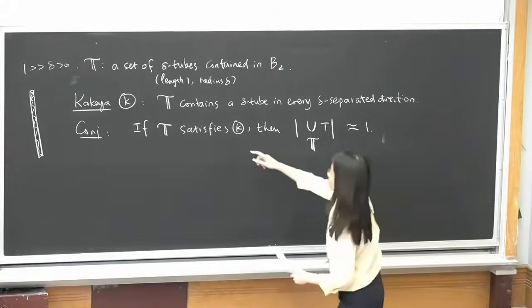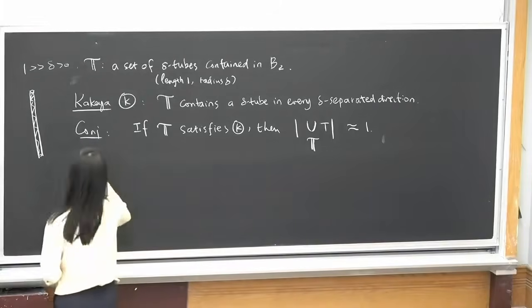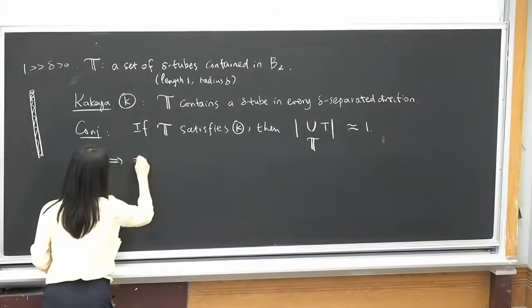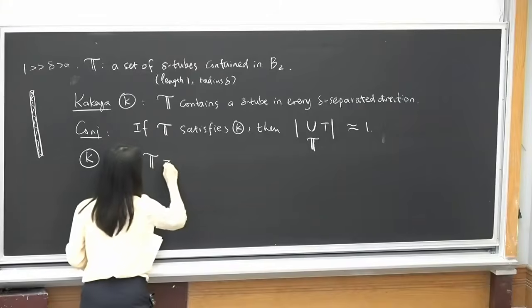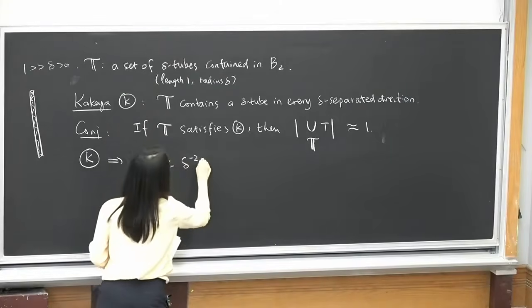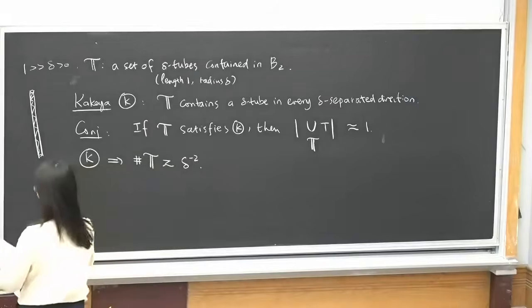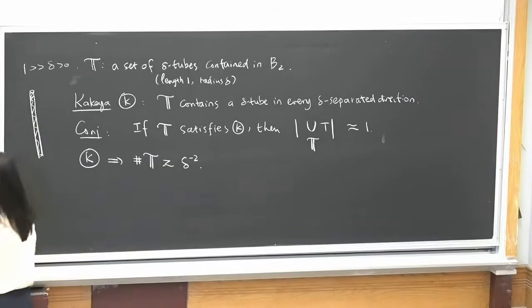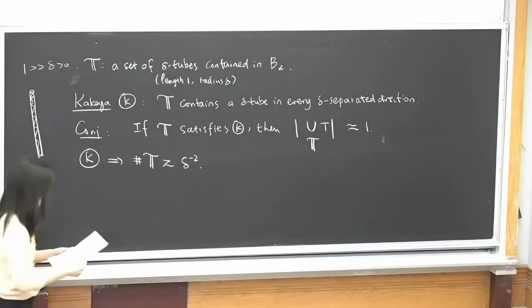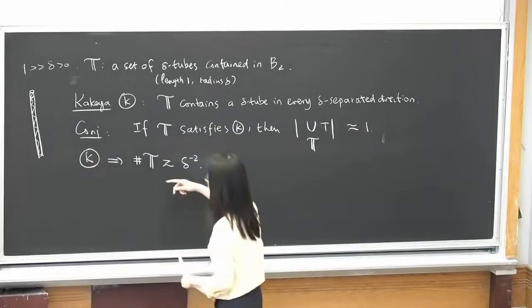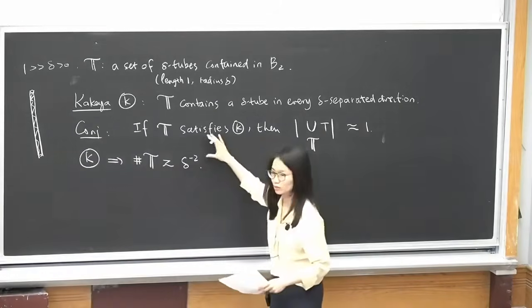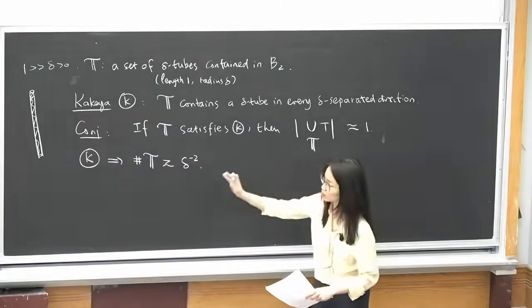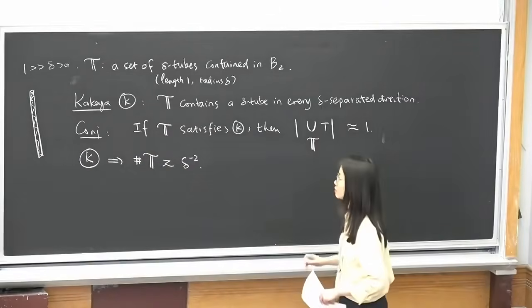This Kakeya assumption also implies that the number of tubes should be greater than delta to the minus 2. For now, we focus on R3. If one can prove this discretized conjecture, then we prove the Kakeya conjecture in R3.